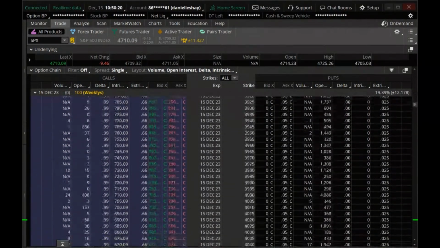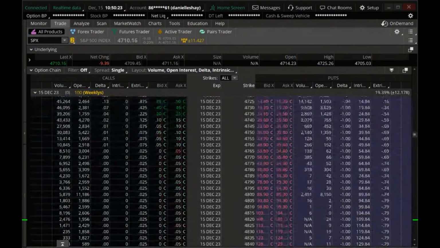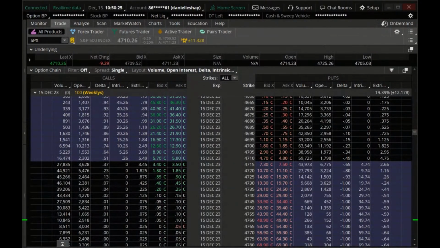But what I'm doing is I'm looking at, what is the expected range? So if the expected range is $12, I can go and calculate the credit that I'm getting.